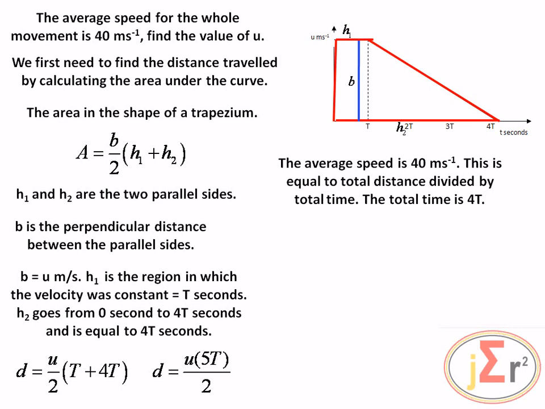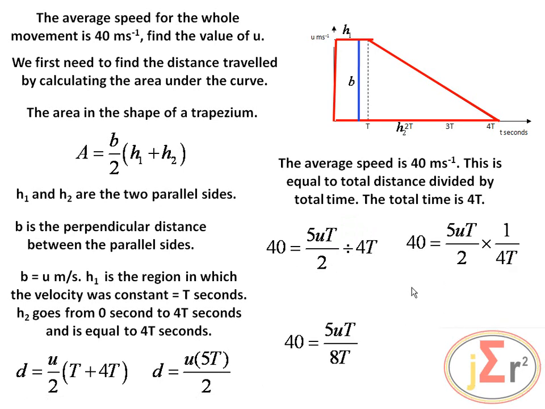So we know the average speed to be 40 meters per second. So then 40 meters per second is equal to the total distance that we have from here, divided by the total time, 4t. Let us continue to simplify the expression.